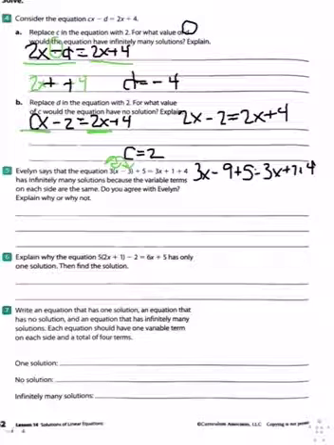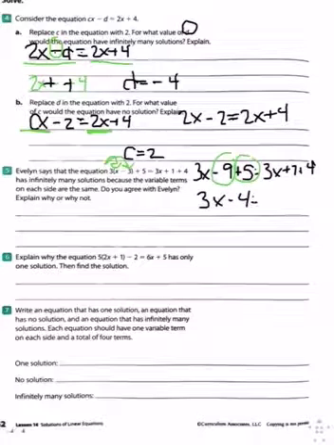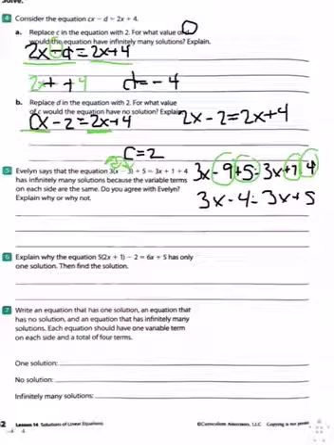We could then combine our like terms, negative 9 and 5, and we would get 3x minus 4. And then we could also combine the 1 and the 4 and get 3x plus 5. Now, these are not infinite solutions. So no, I don't agree with Evelyn.